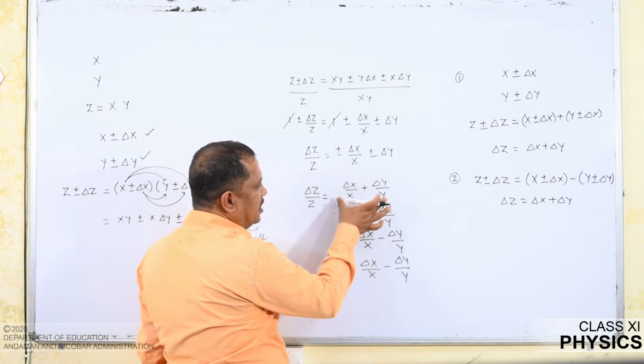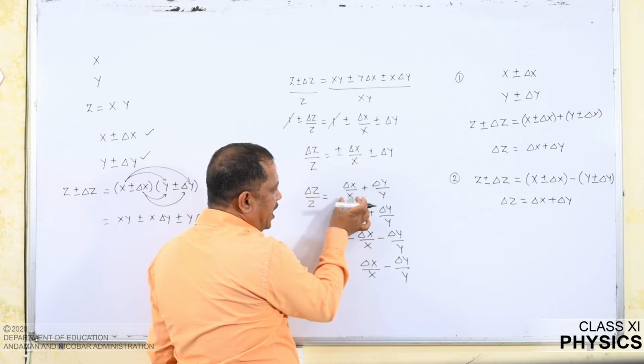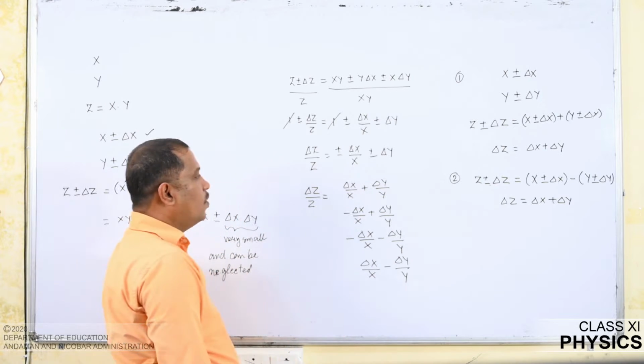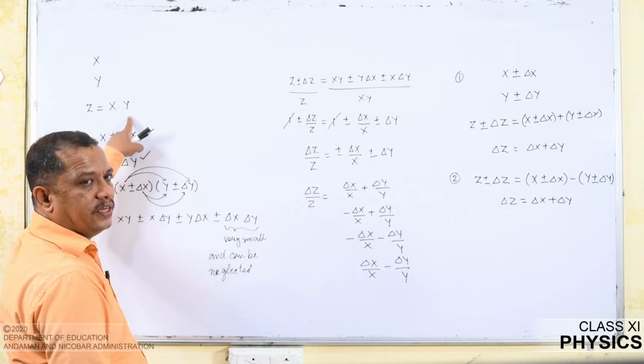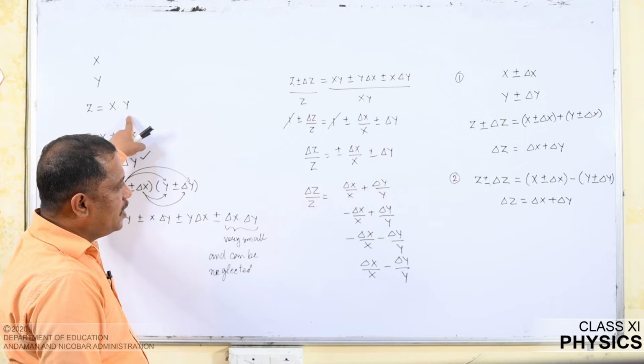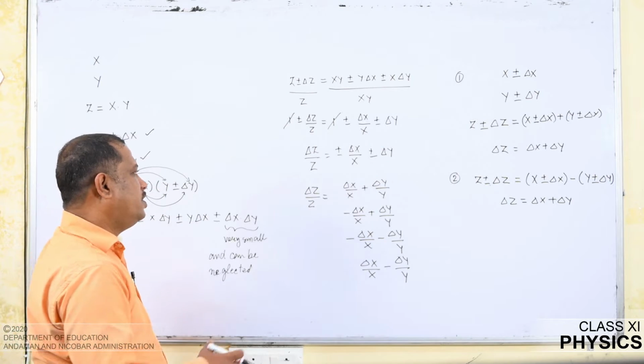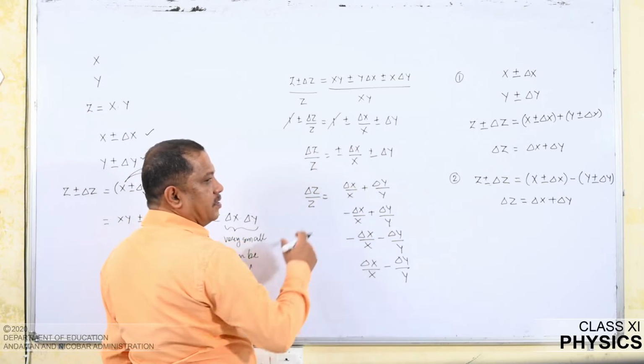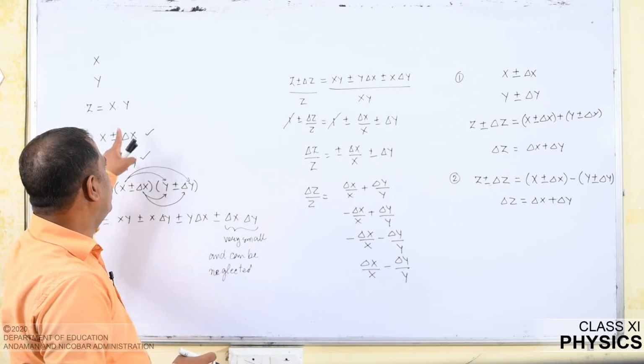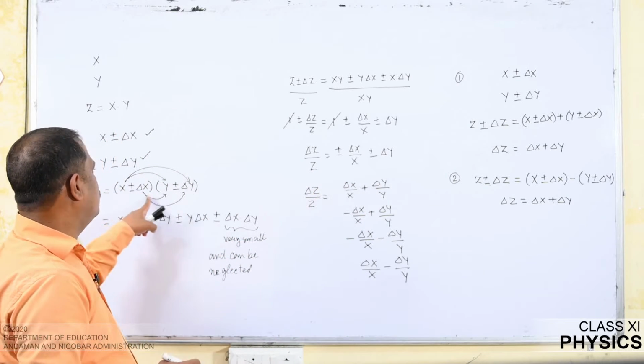So, therefore, these are the sum of the fractional errors of the 2 quantities that we are trying to find the product. Now, what do I actually want to calculate? I want to calculate the maximum possible error that will be present when I am trying to find the product of the 2 measurements.